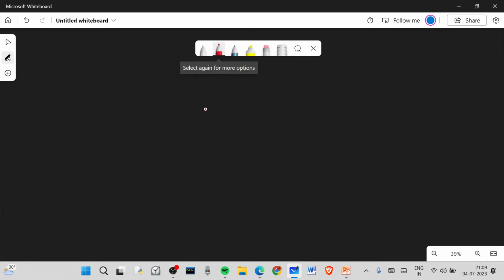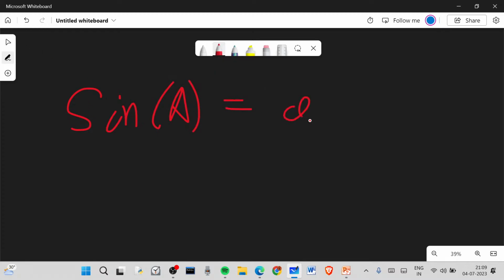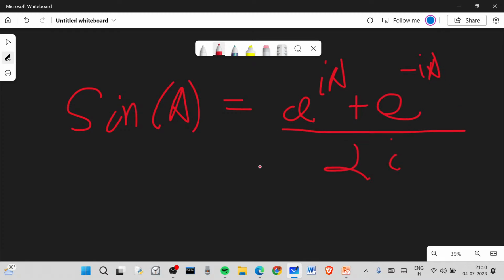to define the functions. Let's say I want to define sine of a matrix, right? To define sine of the matrix, I even have one more way. I say it's e to the power iota A plus e to the power minus iota A by 2 iota, and it even makes sense, right?